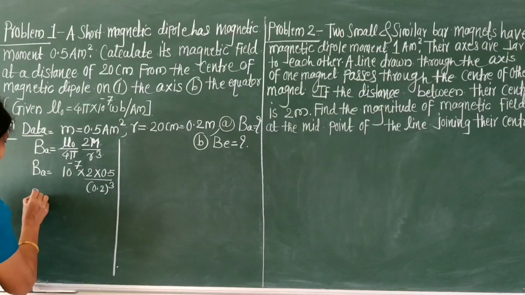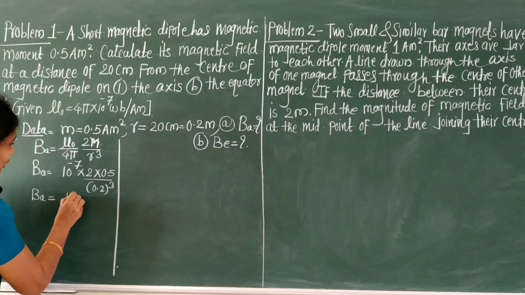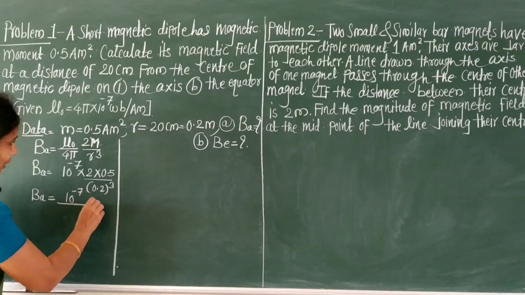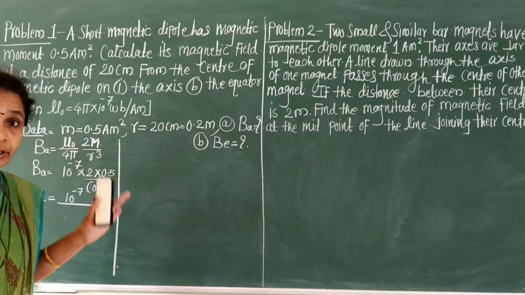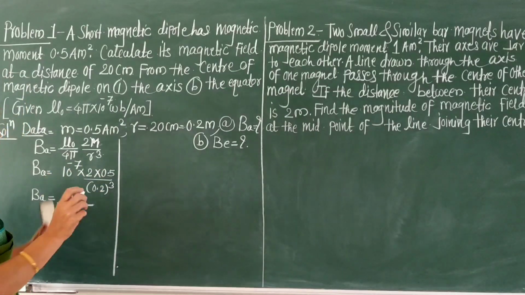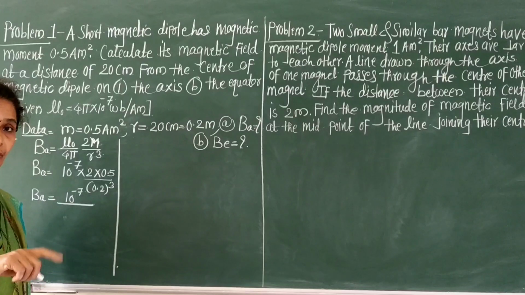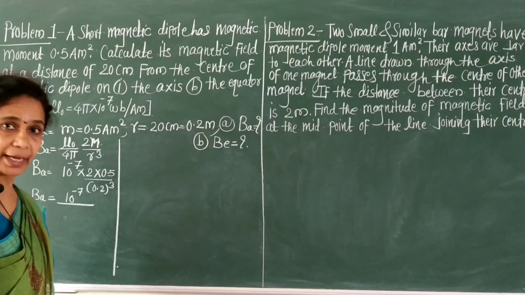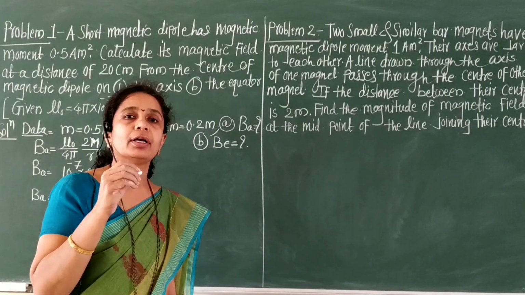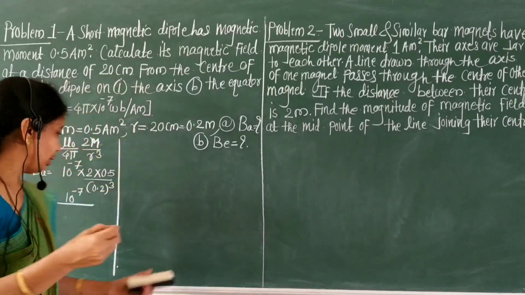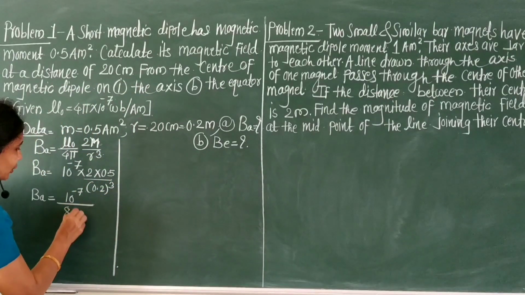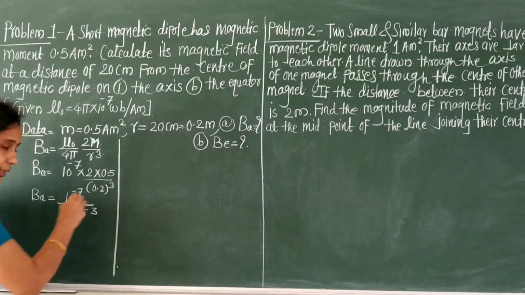Therefore, BA is equal to 10 raised to minus 7, because 2 into 0.5 is 1. Numerator is only 10 raised to minus 7. This is 0.2 bracket cube is 0.008. Okay, or we can write 8 into 10 raised to minus 3.